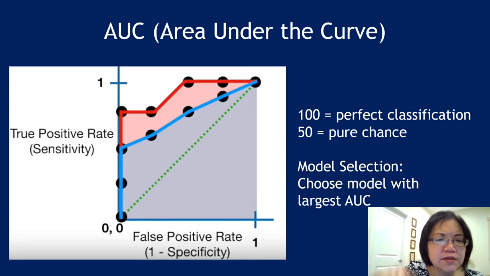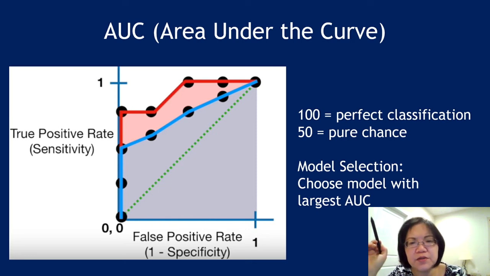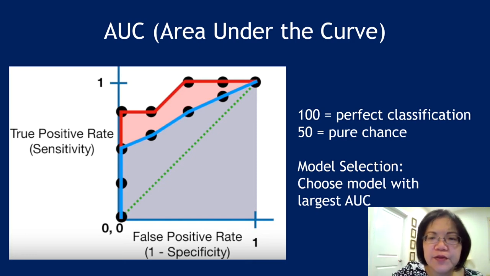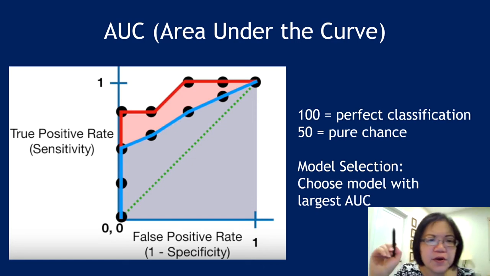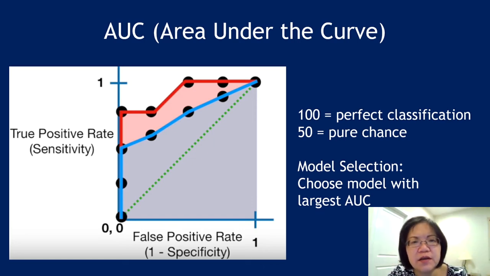When you get perfect classification, which is what we saw in our example, you get this sort of square kind of curve, then you will get 100% area under the curve, and that would be a really, really good model.